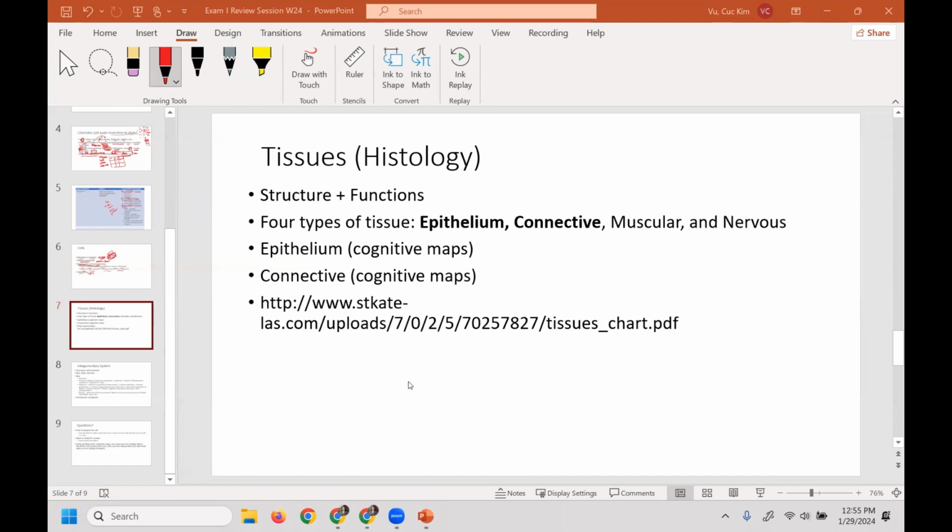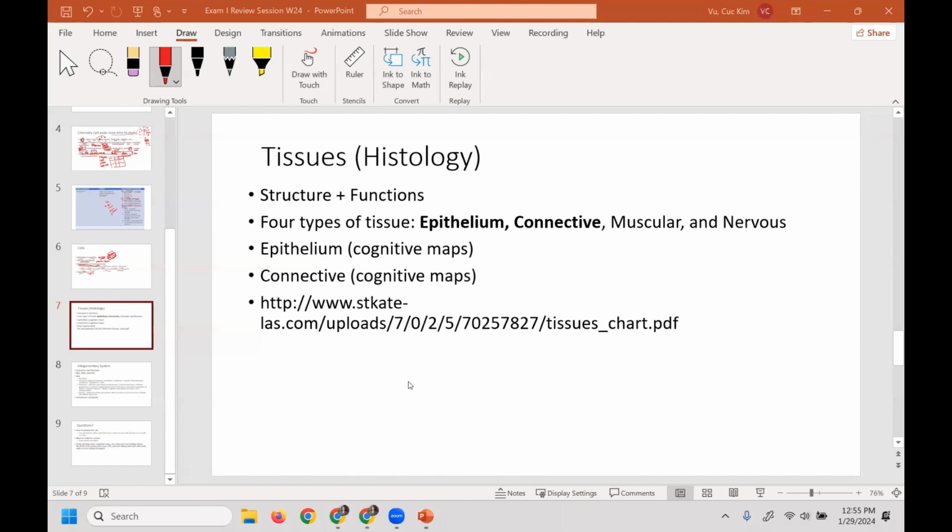But once I put them into cognitive maps, it was much easier. So I highly recommend it. If you don't do any cognitive maps except for two, these would be the two chapters I'd do them for, because this one is not heavy on the physiology as much as it is on the anatomy.